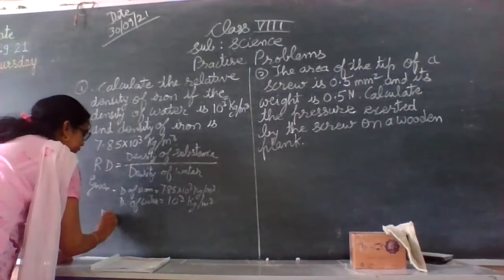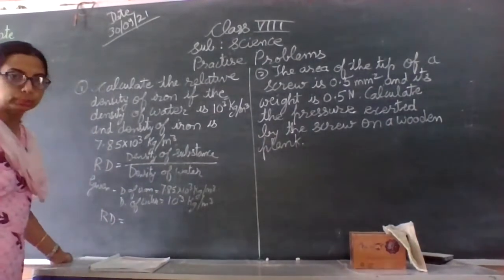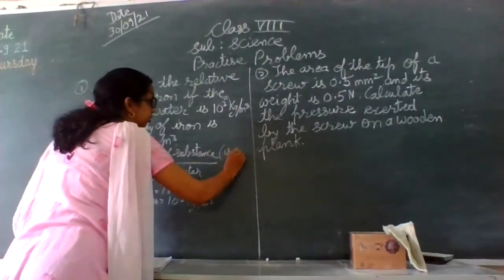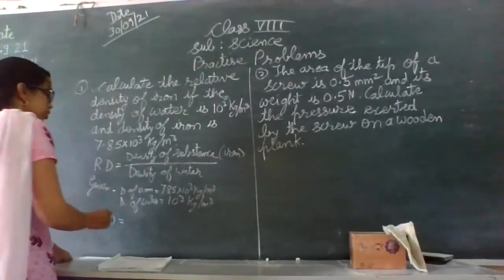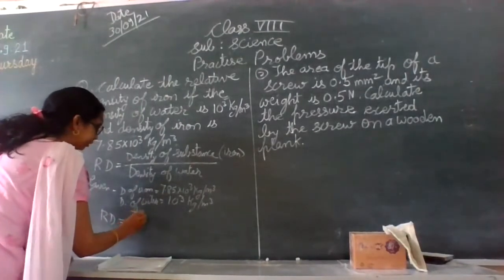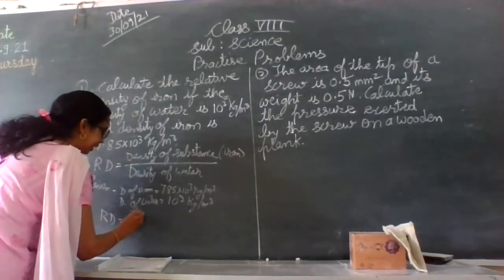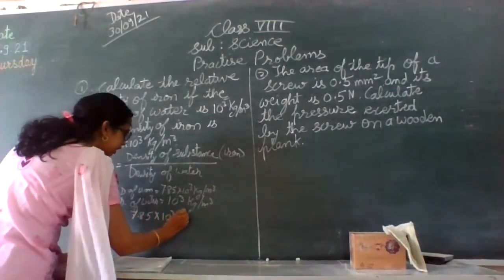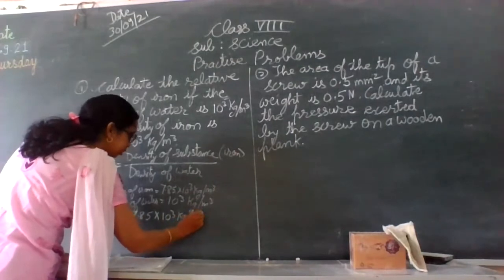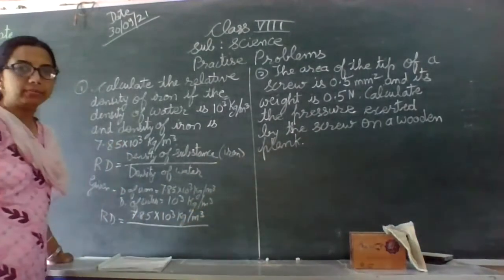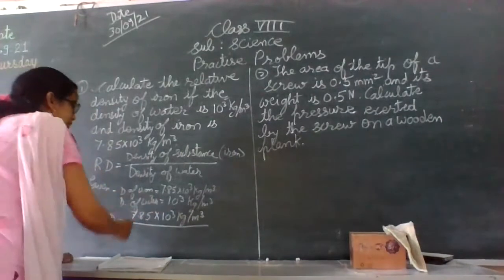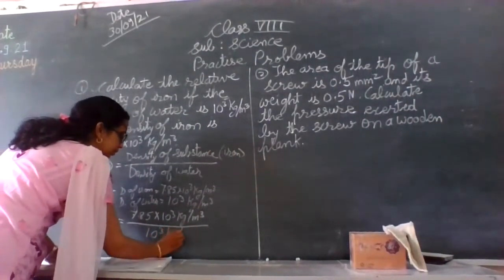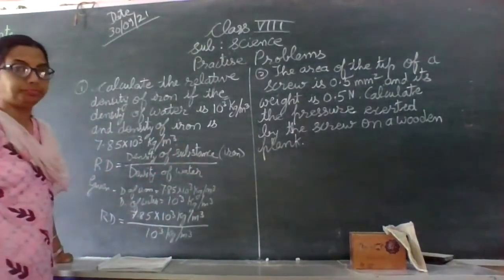When we put these values in the formula, what are we going to get? Relative density will be equal to density of substance. Here it is iron that is given in our problem. So density of iron is 7.85 into 10 raised to 3 kg per meter cube divided by density of water, that is 10 raised to 3 kg per meter cube.